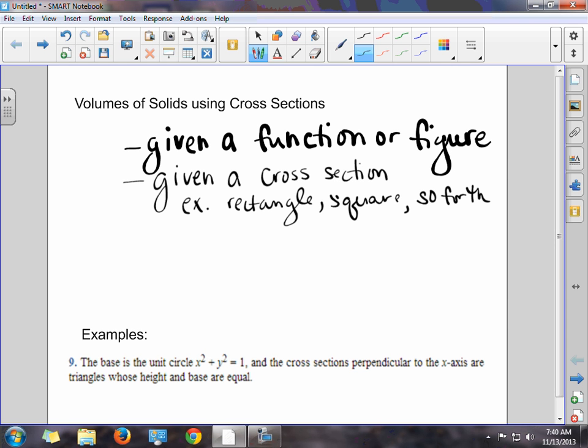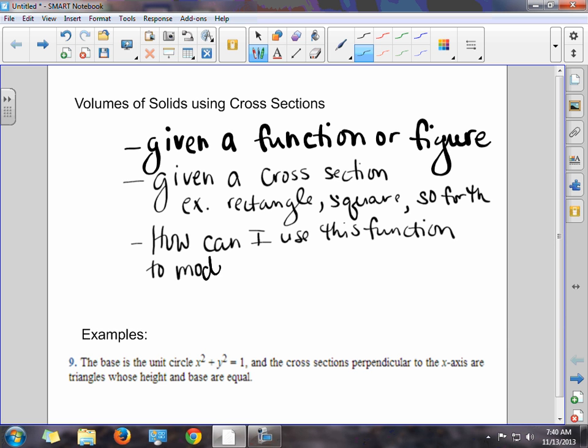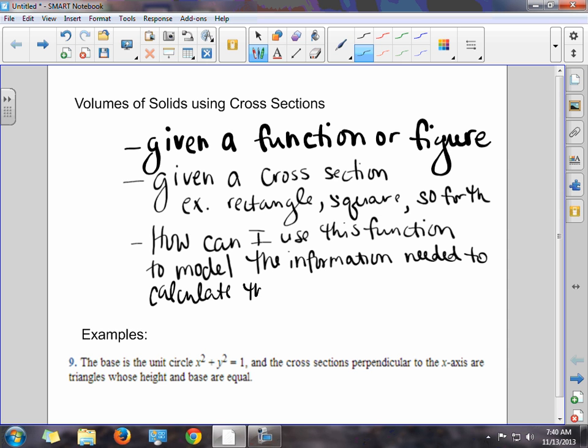And then what you're interested in doing is asking yourself, how can I use this function to model, say, one of the sides or the radius, or let's just say the information needed to calculate the area of my cross section.